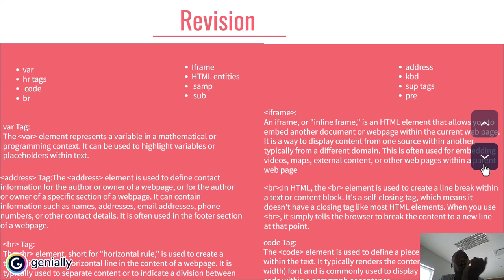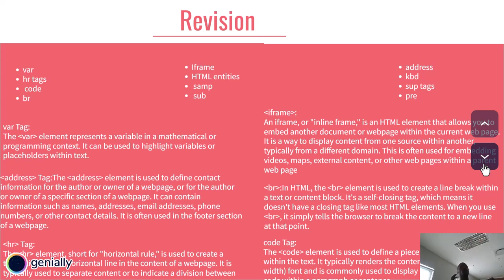So, we spoke about var being the way to declare variables in programming. I understand, guys, some of you haven't been introduced to programming and its core concepts, which are variables, loops, all of that, but we'll get to that when we reach JavaScript. But right here we have a var tag that represents a variable.